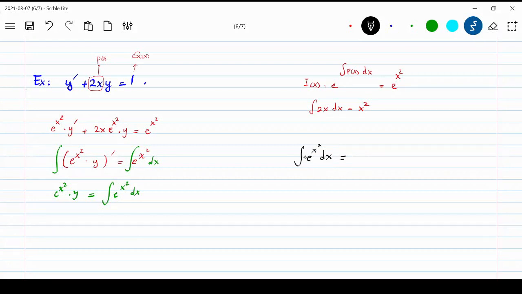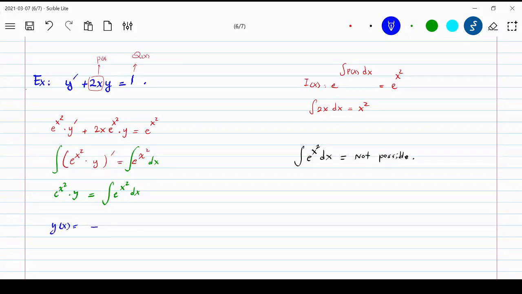This is not something that we really went through, but it's not possible to calculate this integral. So it is not possible to find the general function. What we can do is leave it as it is, and our solution would have a form that contains this integral.